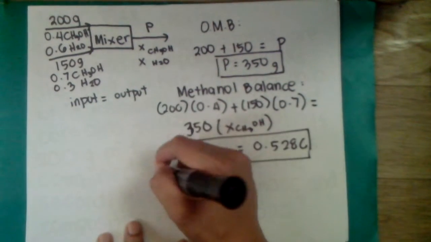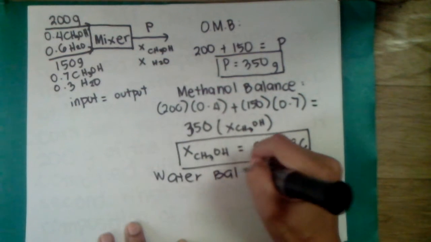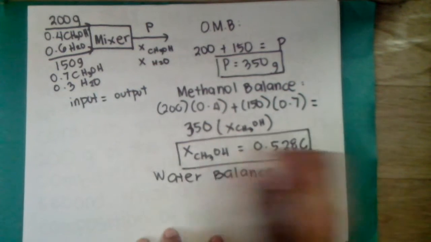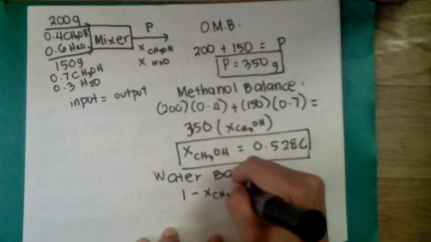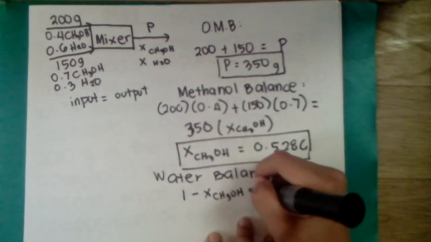The next one would be the water balance. We can simply put the water balance as 1 minus the composition of methanol, since it only consists of two mixtures.